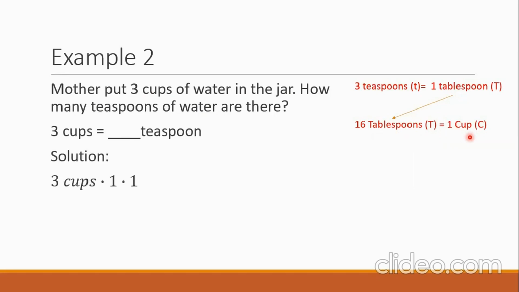So let us do our solution. I copy again the problem, 3 cups, then multiplied by 1 times 1. Because there are 2 formulas here, I should also put 2 factors of 1 in here. I'll start with removing the unit cups. See here, the second equation is the one with the unit cup here.